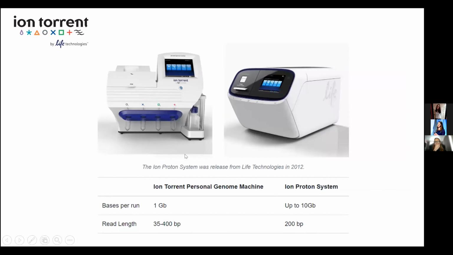Here are, for example, 2 of the Ion Torrent devices, and the capacity is improving with each next device, allowing us to obtain larger amounts of data.